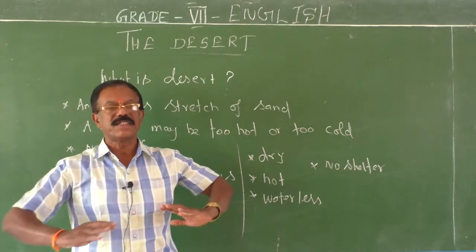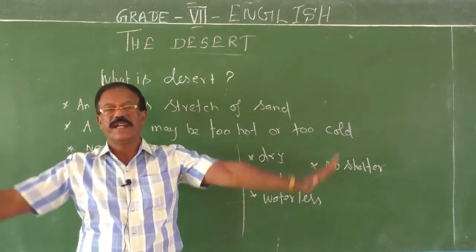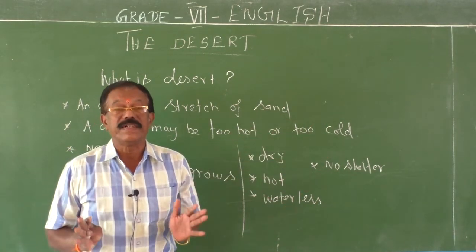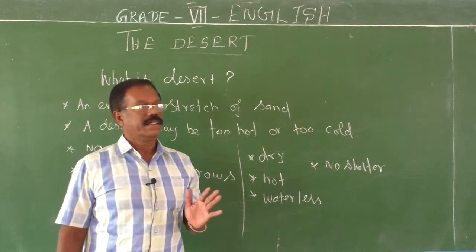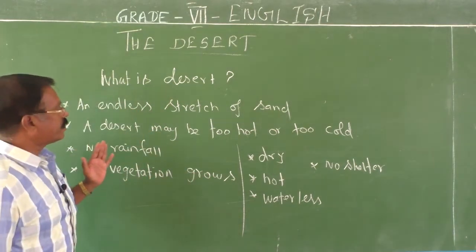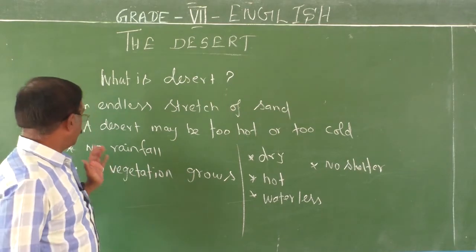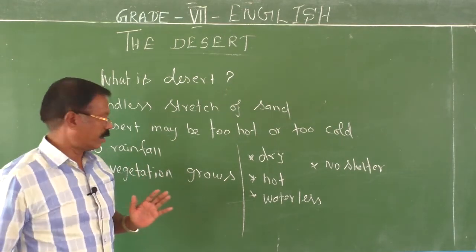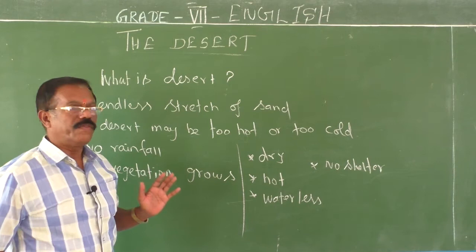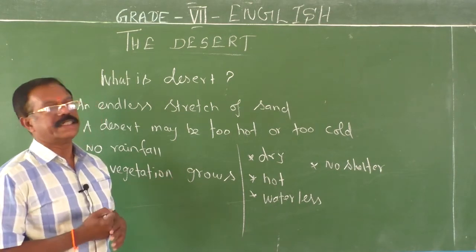So a desert is a vast stretch of land fully covered with sand. A desert may be too hot or too cold. There is no rainfall at all. No vegetation grows in the desert.